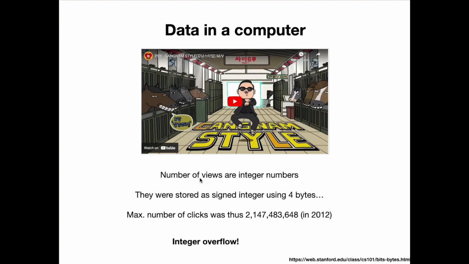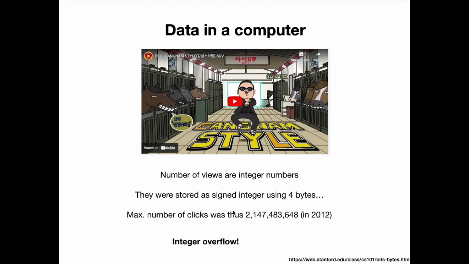The number of views per video were counted as integer numbers, and they were stored using a signed integer with 4 bytes. So the maximum possible number of clicks was 2 billion. So that was the status in 2012.